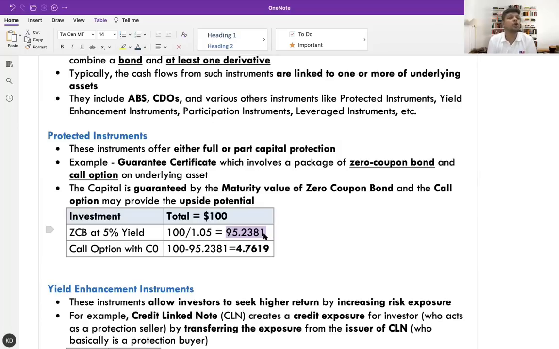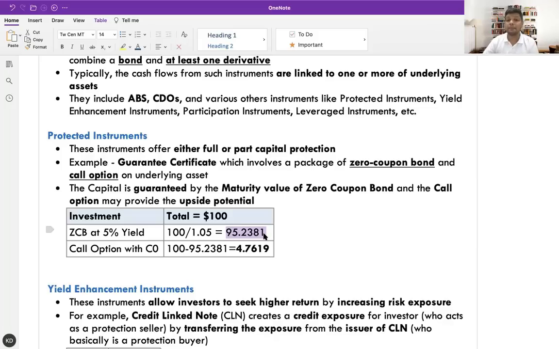So at no point are you going to lose your money, but there is a chance of high upside potential. Even if, let's say, the markets increase by 5%, you can just consider your premium increasing by 5%. So my premium is 4.7619 multiplied by 1.05, which is almost equal to $5.